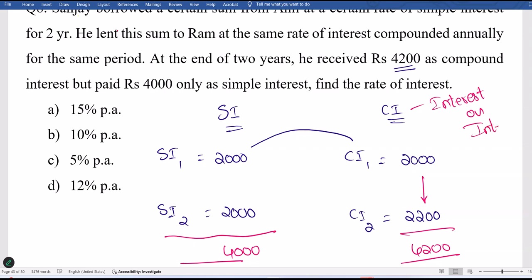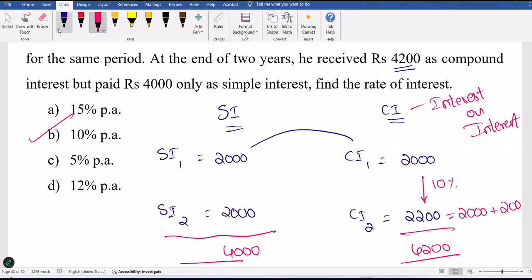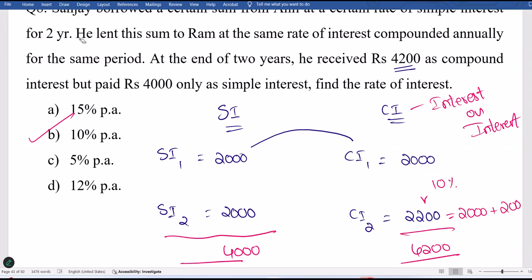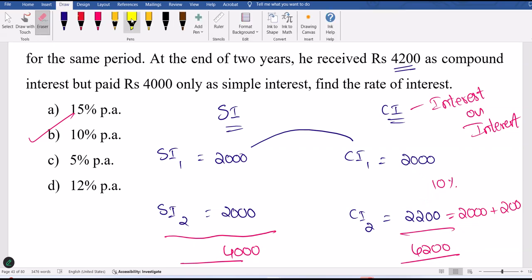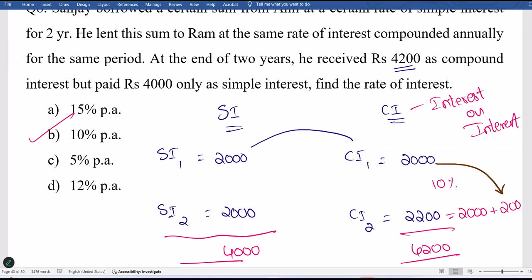So already there is interest, and on that we add some interest. So here 10% is the answer, because for 2,000, 10% is 200, so we write 2,000 plus 200. The extra is 10%. This 10% is obtained by calculating interest on the interest. The answer is 10%.